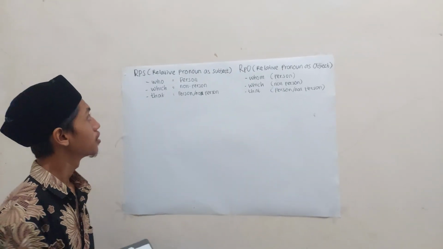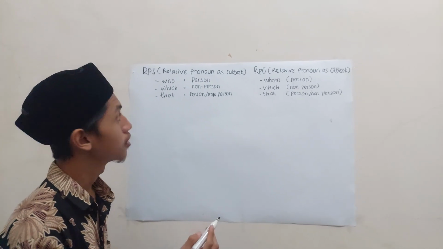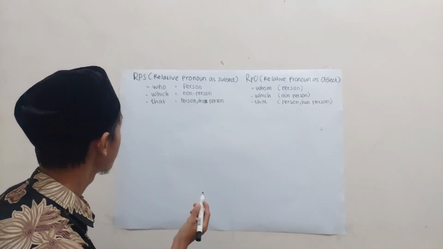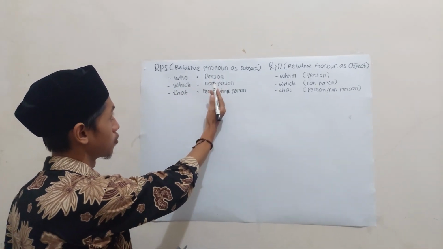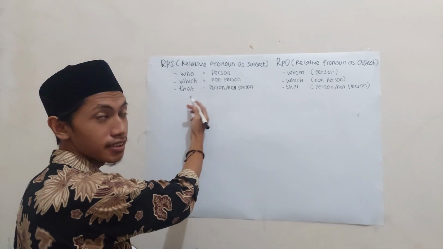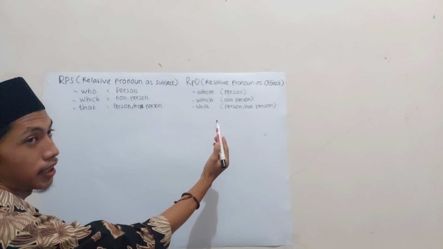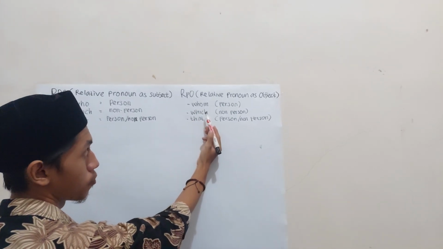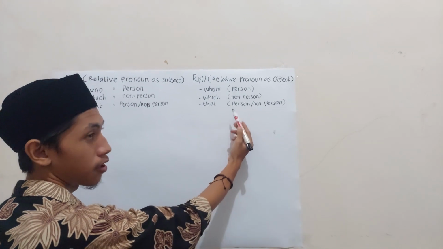Another example: a relative pronoun can be the subject or the object. As a subject, we have who, that to explain a person, which for non-person, and that for person or non-person. As an object, we have whom for a person, which for non-person, and that for person or non-person.